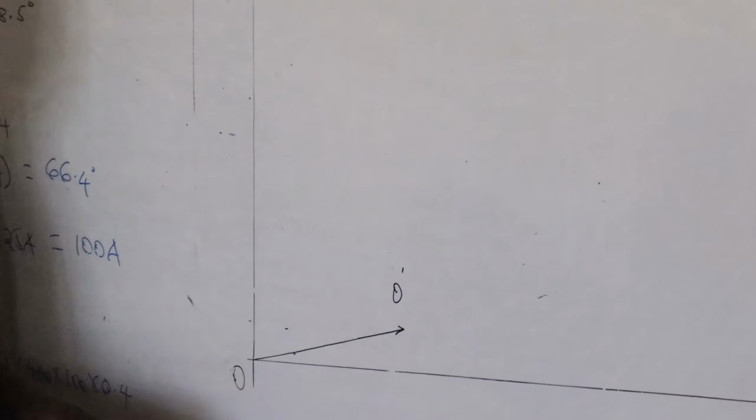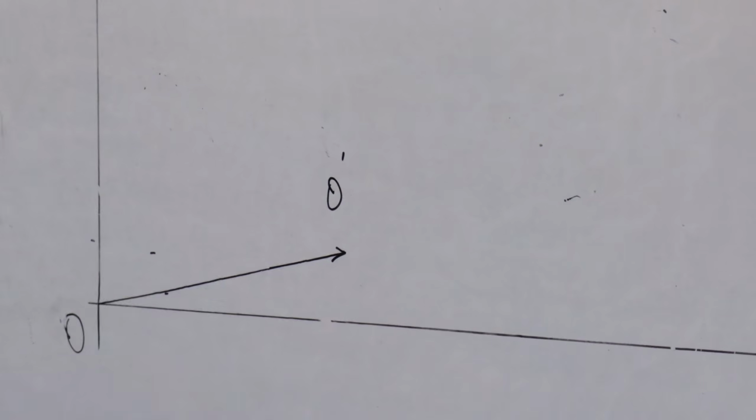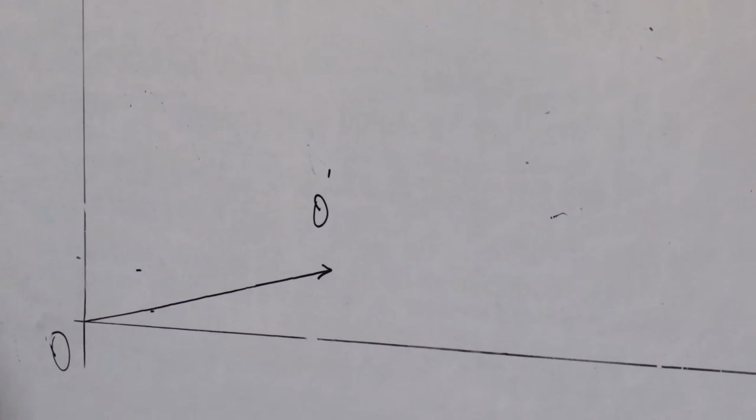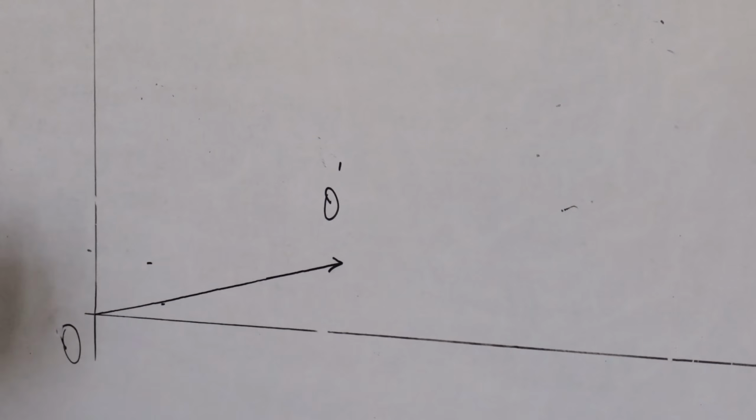Once you do that, have the O prime. I've set a degree of 78.5 and the length is 2.2 centimeters. Then have an O prime.